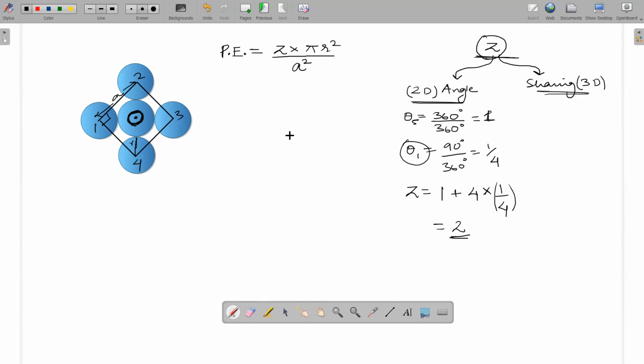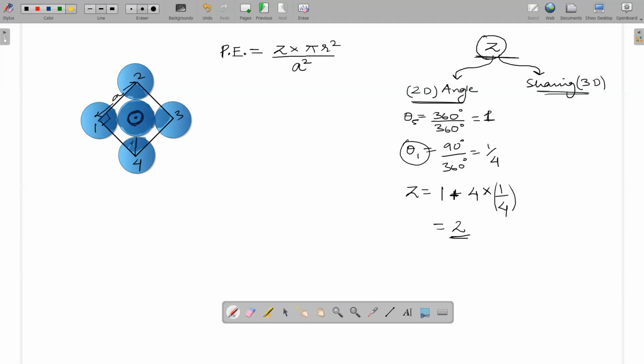Now what Ahmed did was he saw that this is a quarter, this is another quarter, this is another quarter inside the unit cell. So these 4 quarters make 1, plus 1 whole atom, and hence he said the number of atoms inside the unit cell is 2.